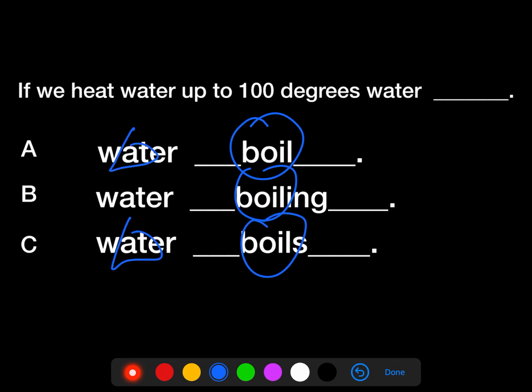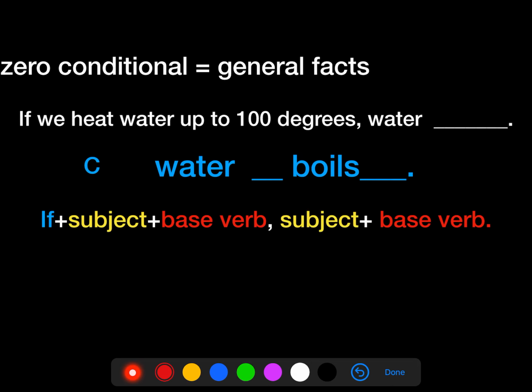Water is an uncountable noun, so we should treat this word as singular. Then what did I say to you guys? When it comes to singular, we put S. So the answer is C. If we heat water up to 100 degrees, water boils.